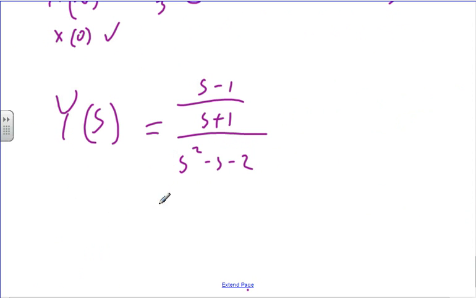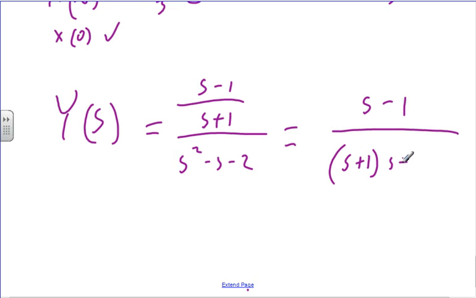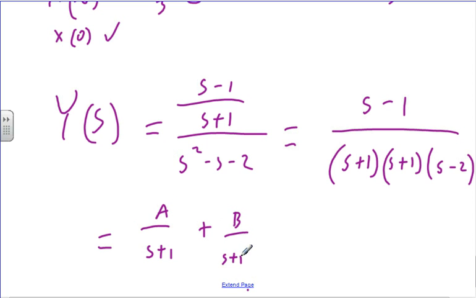Okay, so I've got y of s is s minus 1 divided by s plus 1 times s plus 1 times s minus 2. Is that what I have? Really? Yeah, I guess so. Okay, so I'm going to have a partial fraction: a over s plus 1, b over s plus 1 squared, and c over s minus 2.